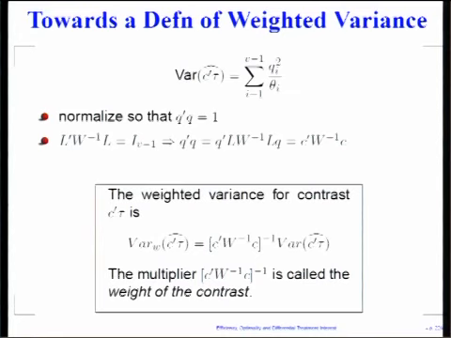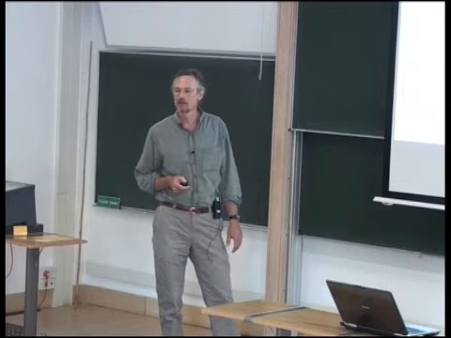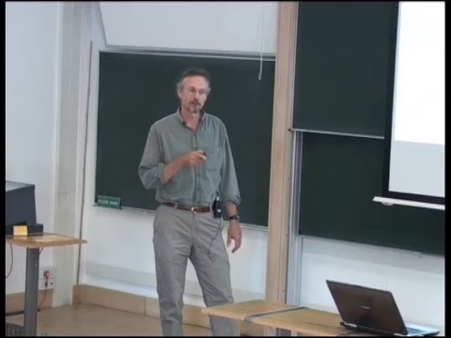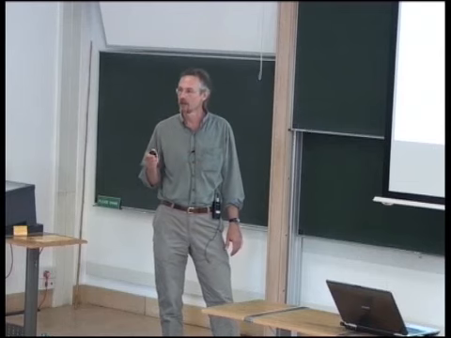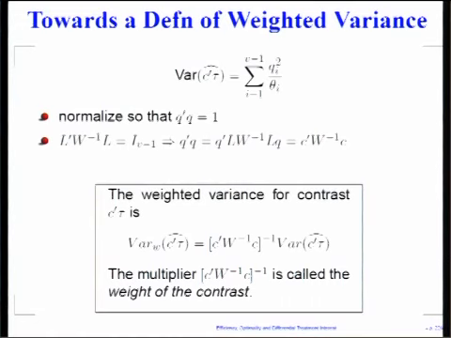So the variance, this is now a definition, the variance for a contrast in the weighted sense is the ordinary variance of the contrast, right here, divided by this weighting, which norms it in the space relative to those weighted basic contrasts. Right? The multiplier right here is called the weight of the contrast.